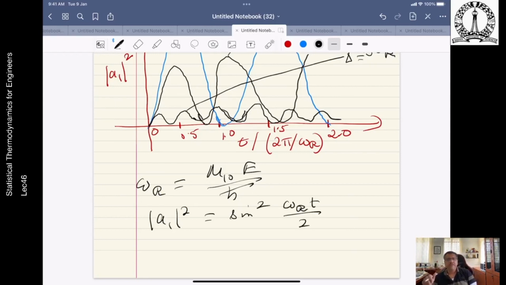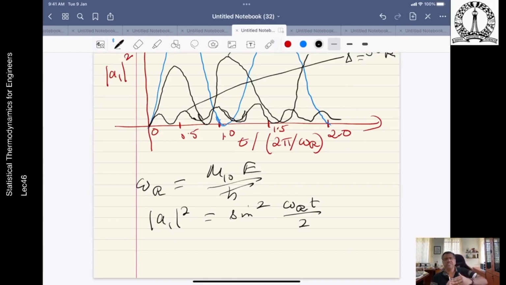The system is coherently cycled, that is, with no abrupt changes in the phases of the amplitudes of the wave functions, between the ground state and the excited state by an electromagnetic radiation.